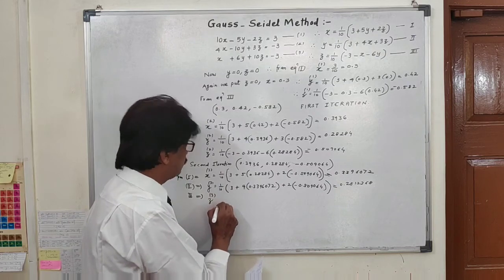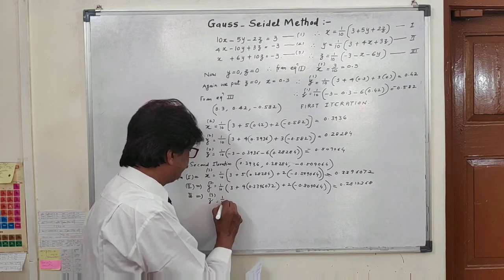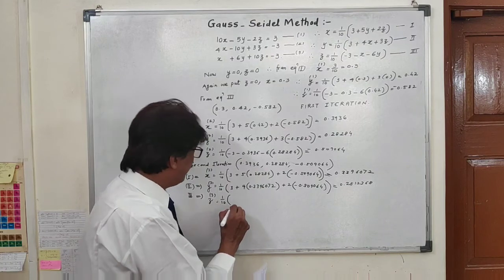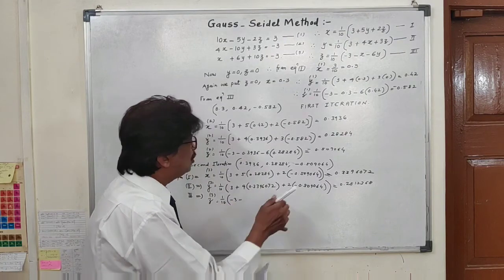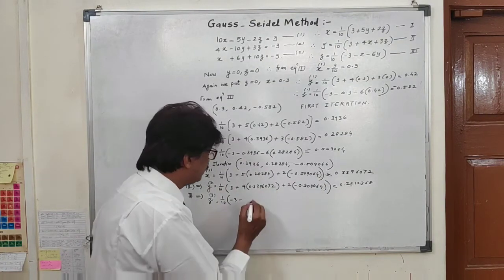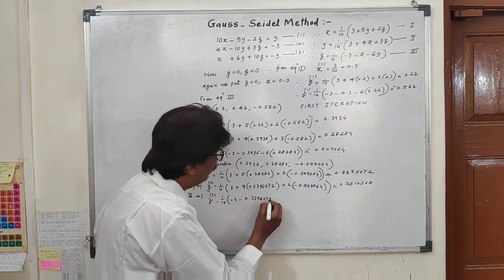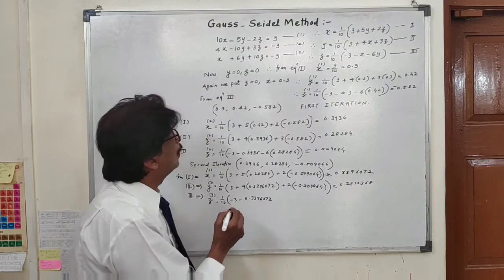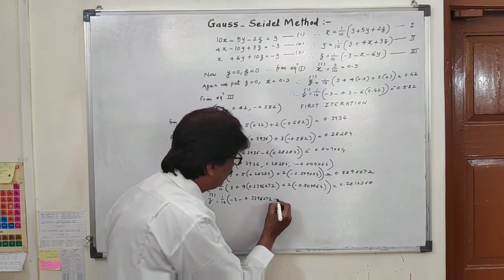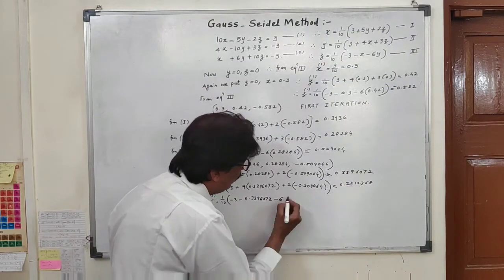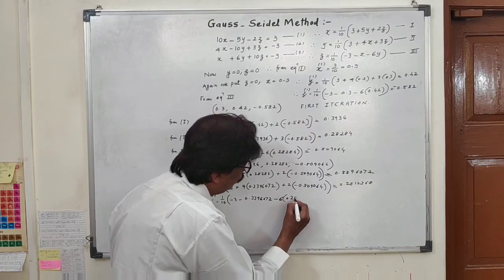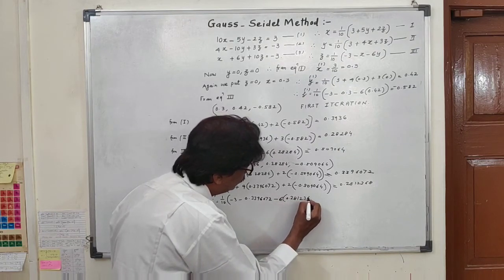Z3 from equation 3. Z3 is 1 by 10 times minus 3 minus x, the recent x value, which is 0.3396072, minus 6y, the recent value of y, which we have just determined, 0.2812368.